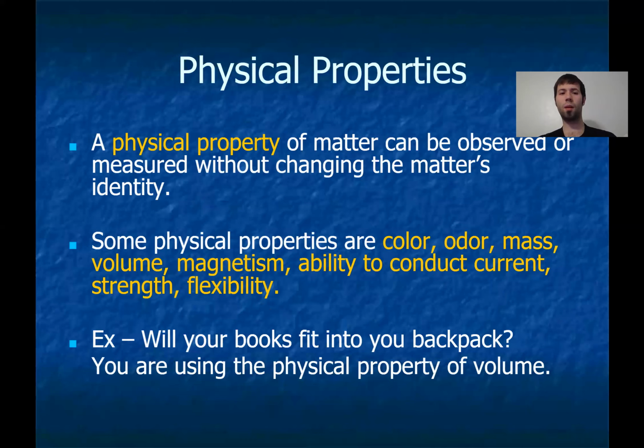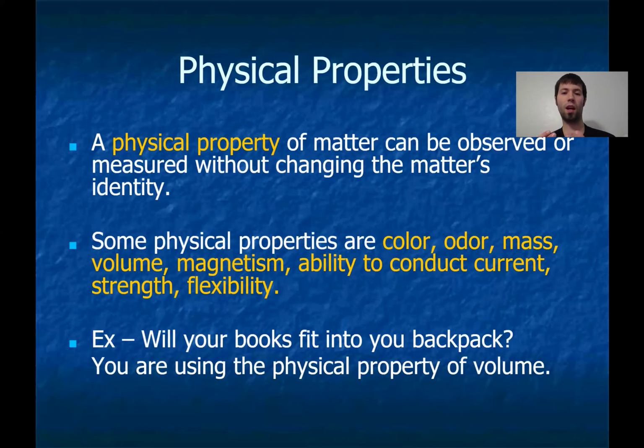Starting with physical properties, a physical property of matter is something that can be observed or measured without changing the matter's identity. Some examples of physical properties are color, odor, which is how they smell, and mass. Remember, we said mass is how much stuff there is. Also volume, how much space it takes up, magnetism, ability to conduct current, strength, and flexibility. These are all physical properties.